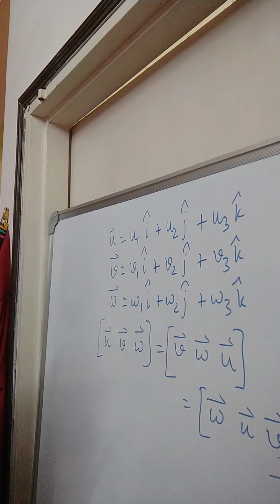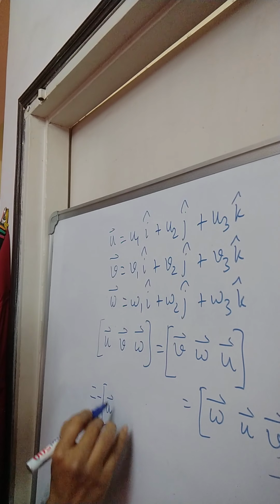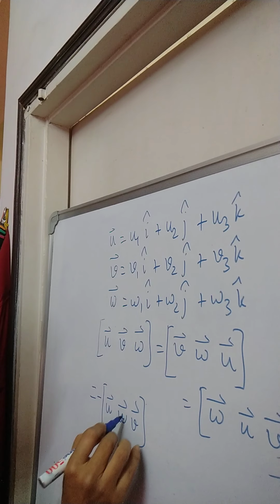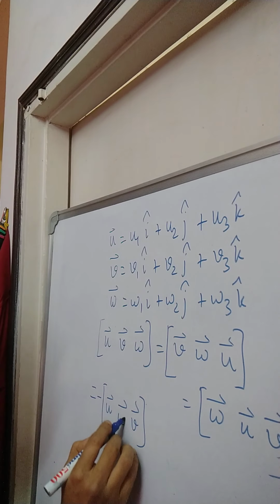But if we disturb the order, then we get a minus sign. Why? We write it like this. Just see, it is not the usual order, U W V. So, this is minus.